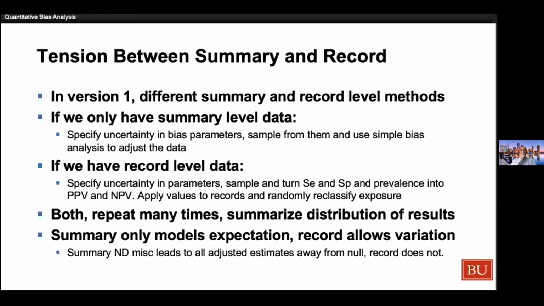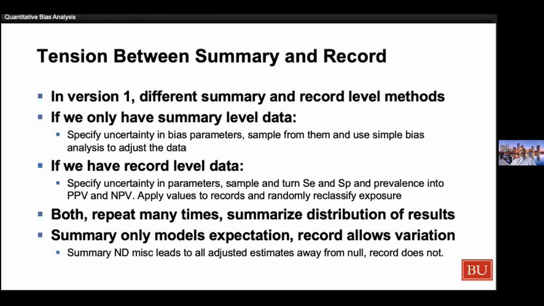But here's where we start to get into a bit of tension that we came upon when we wrote the first version of the code to do this. When we wrote our textbook trying to describe how we did this, we talked about different approaches: summary methods and record level corrections. Summary methods meaning I just want to adjust my 2x2 table.